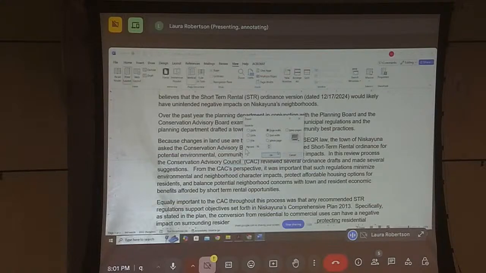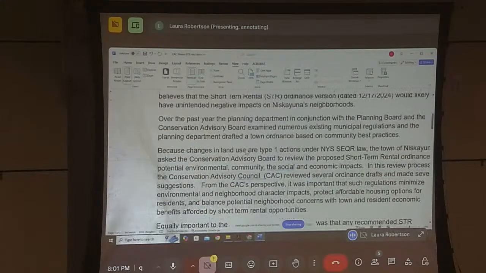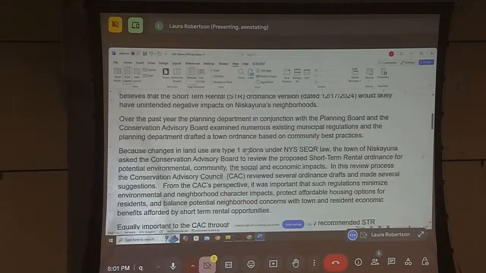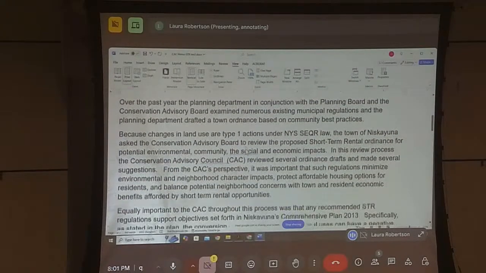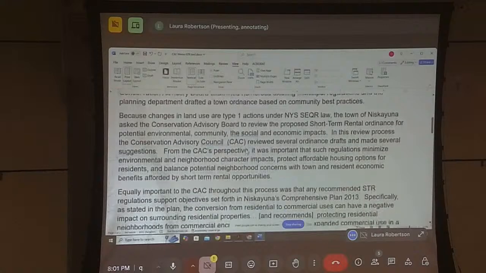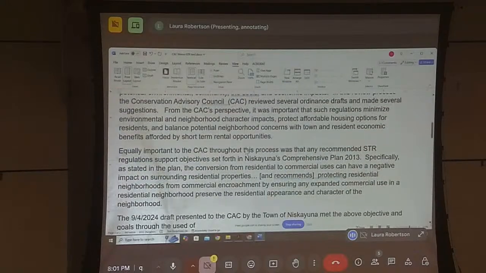In this review process, the Conservation Advisory Board reviewed several ordinance drafts and made several suggestions, and that was the process that we followed in the spring. From the CAC's perspective, it was important that such regulations minimize environmental and neighborhood character impacts, protect affordable housing options for residents, and balance the potential neighborhood concerns with the town and resident economic benefits afforded by short-term rentals.